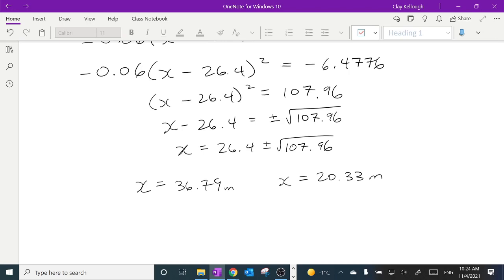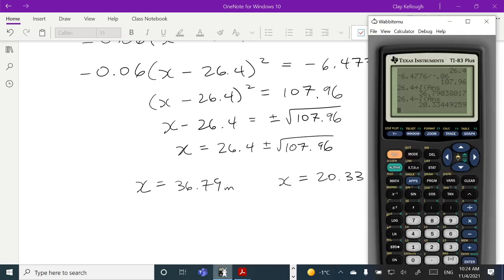Okay, hang on a sec. Did that work? 20.33. I'm looking at the book. I think I might have goofed that one up. 20.33, yes. 26.4 minus the square root of 107.96. You know what? I'm thinking the calculator might be lying to me here. It took the answer to the other one.